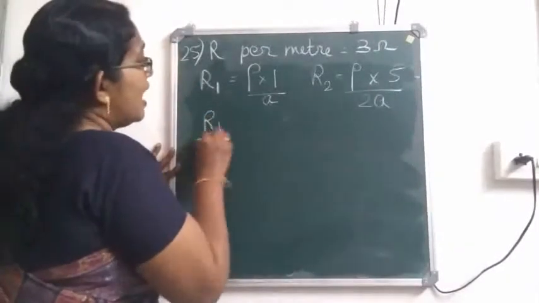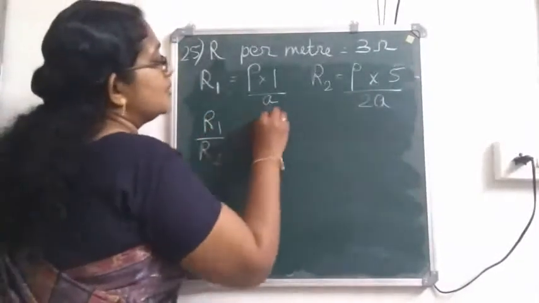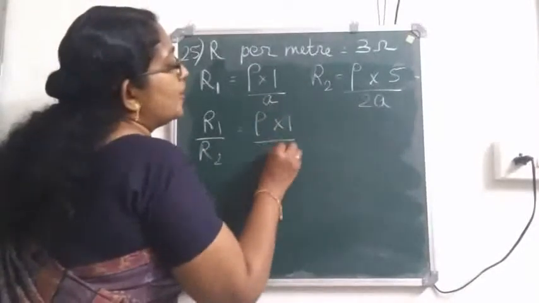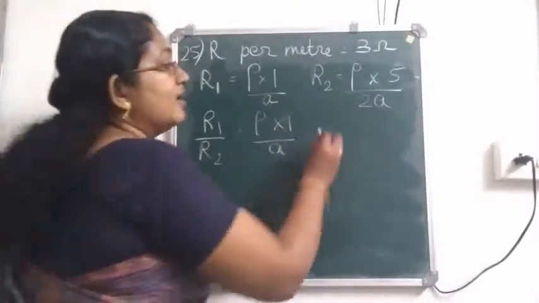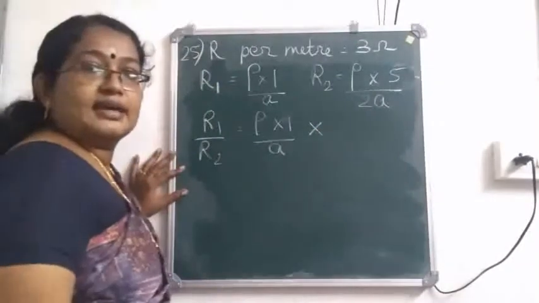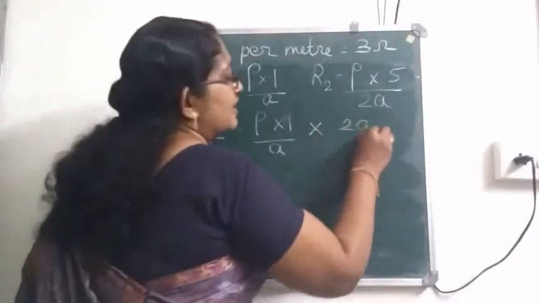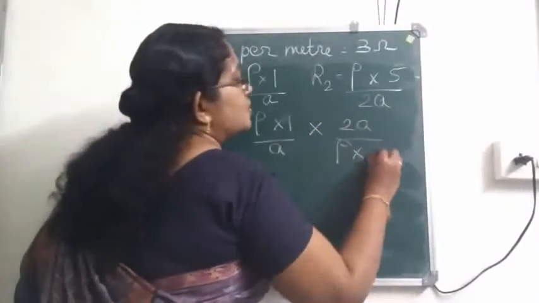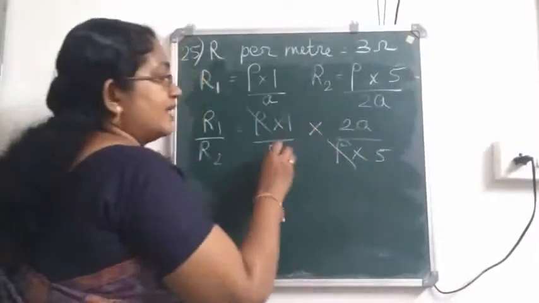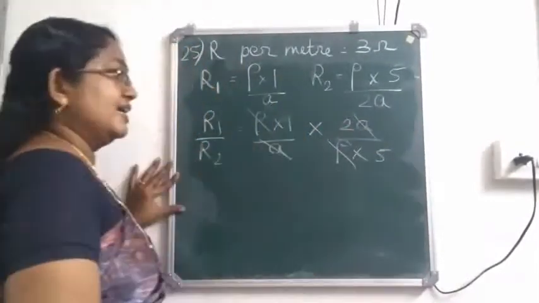So R1 by R2 is equal to rho into 1 by A, cross multiplying. Since it is a fraction, rho into 5. Rho and rho get cancelled, A and A get cancelled.